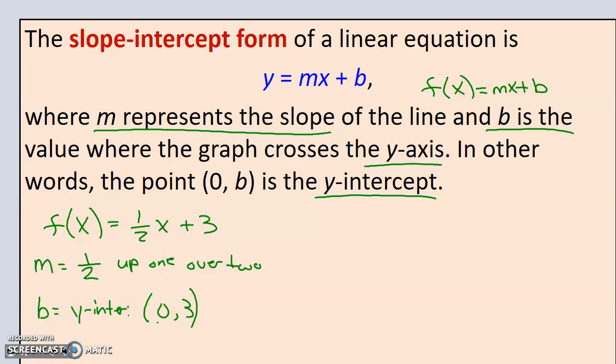You remember, it's where your x is 0, you have some kind of y value. So if you were to graph this, 1, 2, 3. So I will need to go up 3 on my y's to get that y-intercept. That is (0, 3).